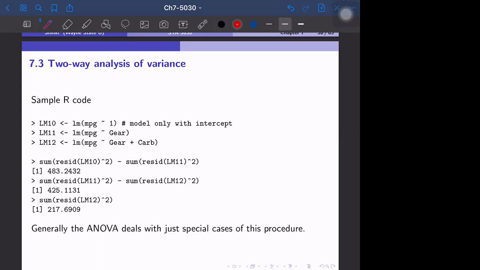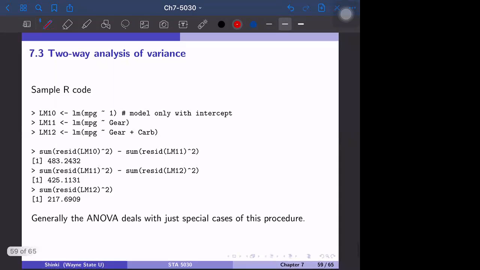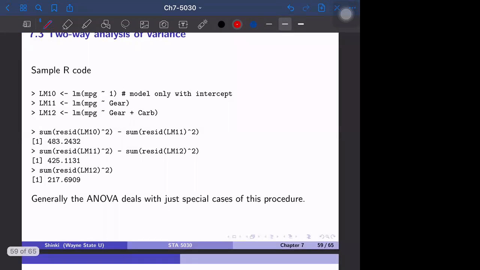After we finish multiple linear regression in chapter 11, you will see that chapter 7 is a special case of chapter 11, linear regression. This is another way to generate the ANOVA table: if you fit the three linear models and calculate the sum of squared residuals, then we can get these numbers and exactly replicate the results.